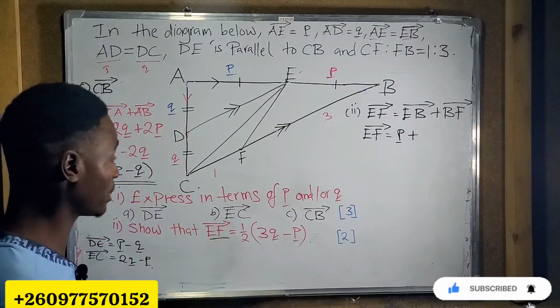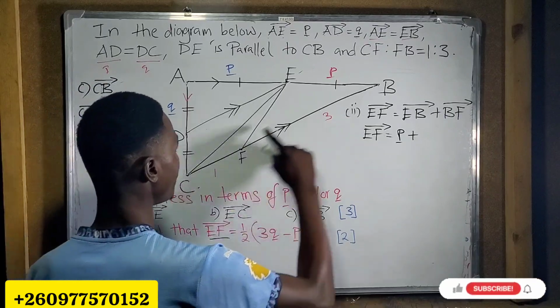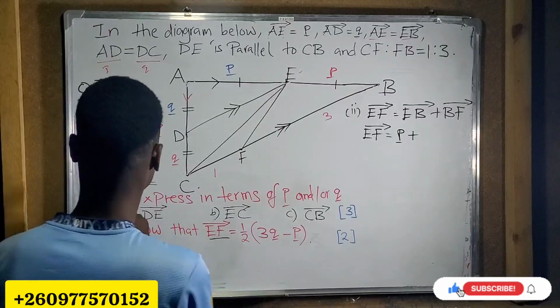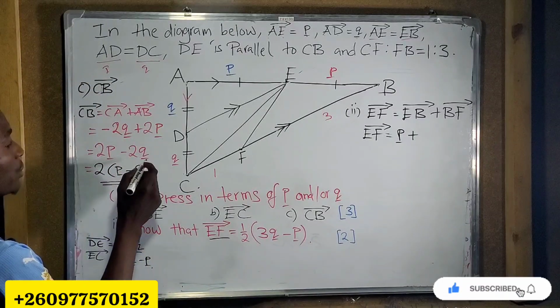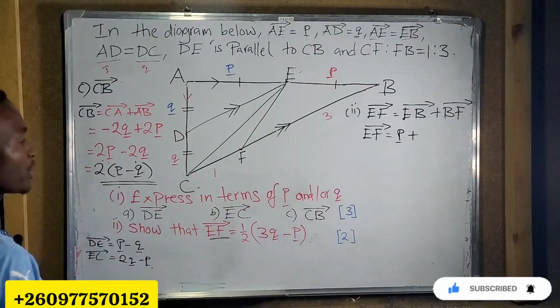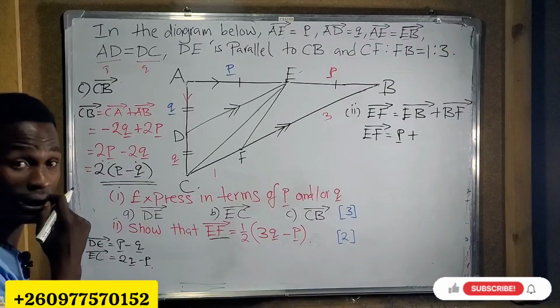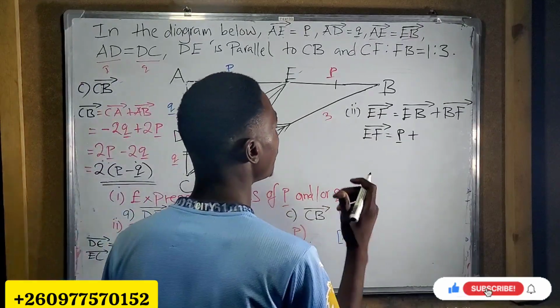BF, great. CB is, where's CB? This is CB. So we're going to use the expanded one, which is this one. Meaning opposite, it is negative. Are we together? Great. It will be negative.